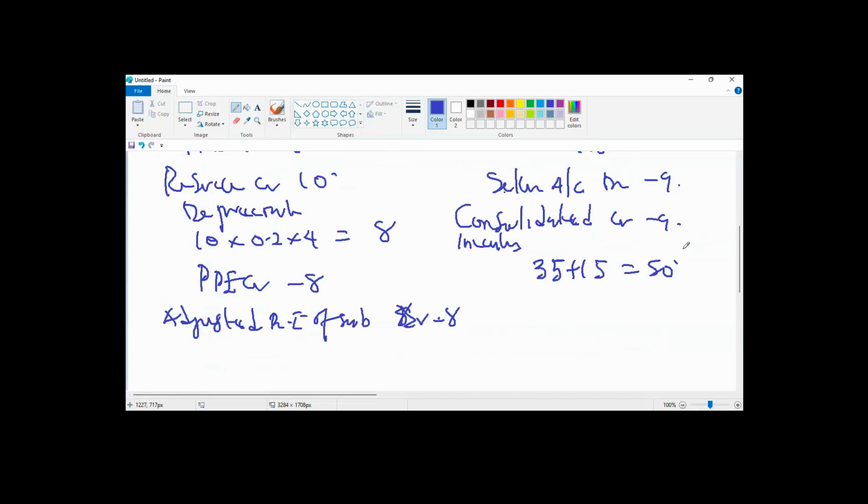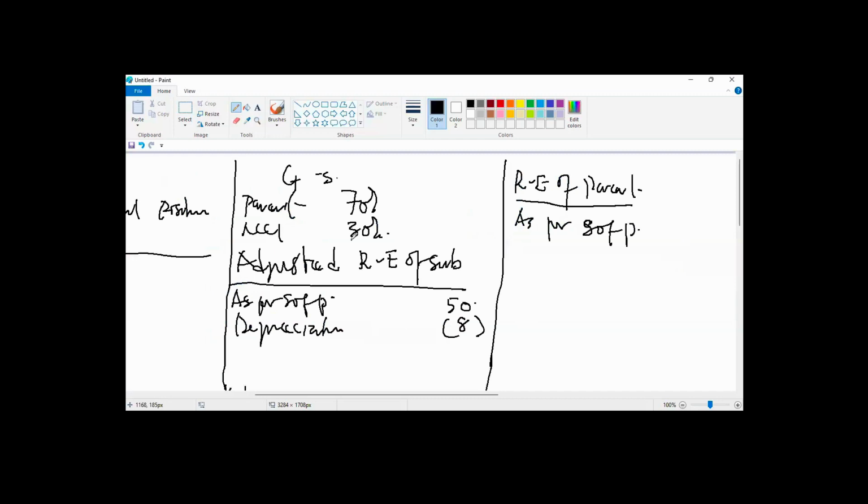Any issue? Ask a question. So I will now eliminate the 50. No receivable, 50.